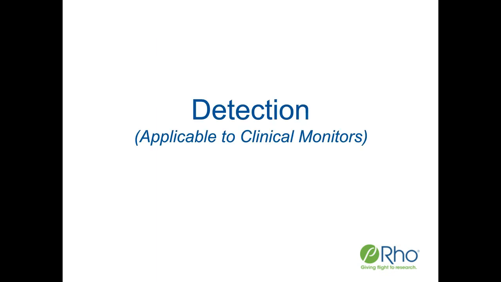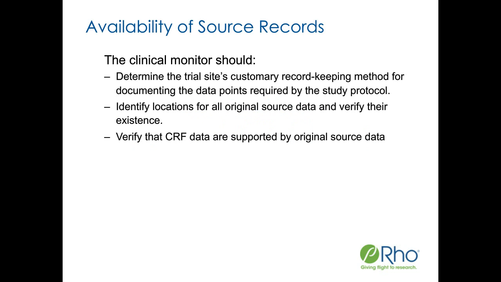So now let's talk about how we detect fabrication and potential fraud. One of the main things that's important when you're a CRA going to the site to verify the data is to first understand the site's normal record-keeping practice, and then how it is supplemented or augmented to meet the needs of the study protocol.